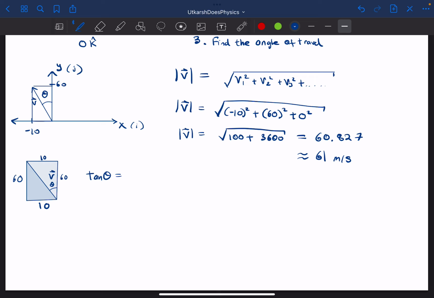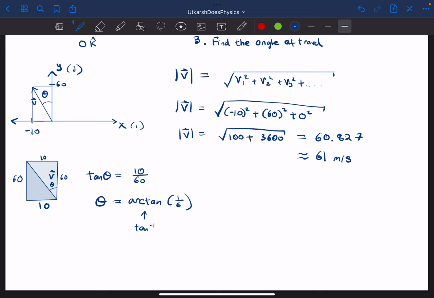So let's see, 10 over 60. And theta is equal to arctan 1 over 6. Another way of writing arctan is just tan inverse, but after you take more math, you will start using arctan more.